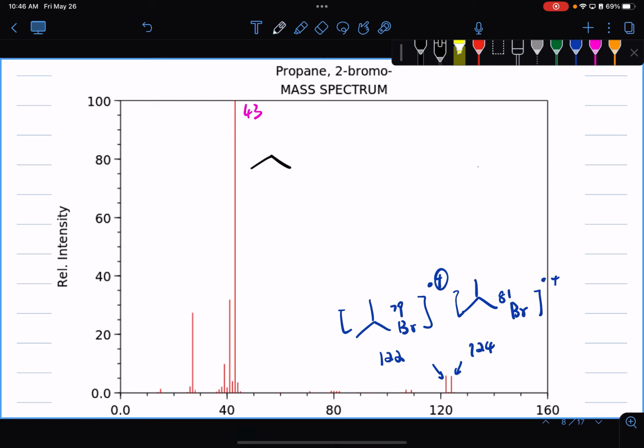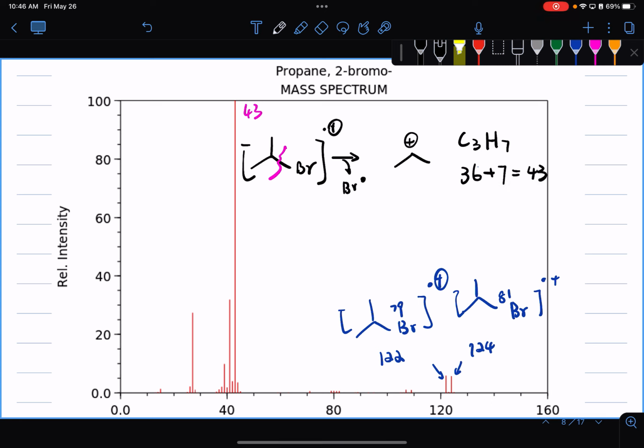So likely this peak is formed by cleaving this carbon-bromine bond, and we're losing a bromine radical, and forming a carbocation fragment here. That carbocation fragment has the molecular weight C3H7, so 36 plus 7 gives you 43. So that's where our base peak is.